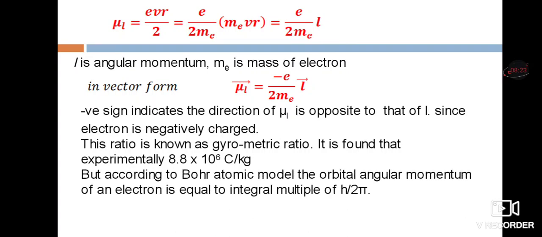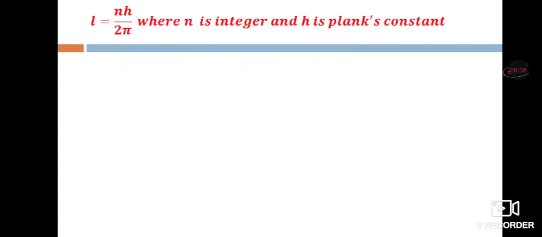But according to the Bohr atomic model, the orbital angular momentum of an electron is equal to an integral multiple of h by 2 pi. So we have to consider L equal to n h by 2 pi, where n is an integer and h is Planck's constant.